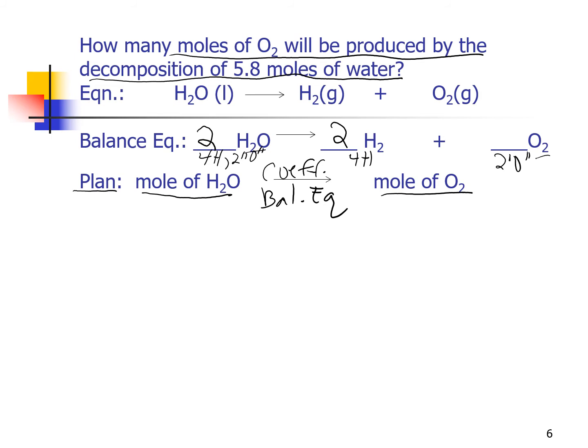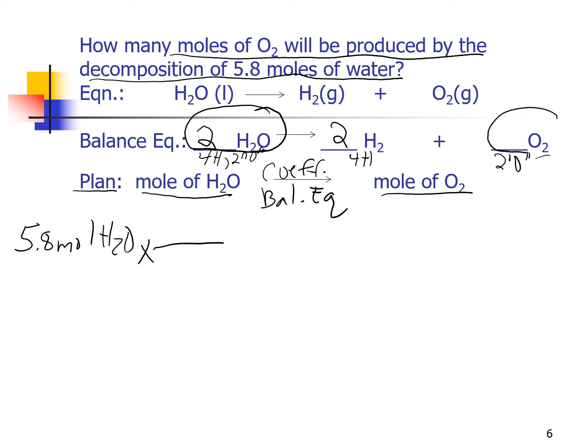Now we can solve our problem. So we start with our given, which is 5.8 moles of water. I'm going to create the conversion factor by looking at my balanced equation for what's given and what I'm trying to find. So what I'm going to look at is I have 2 moles of water producing 2 moles of hydrogen and 1 mole of oxygen.